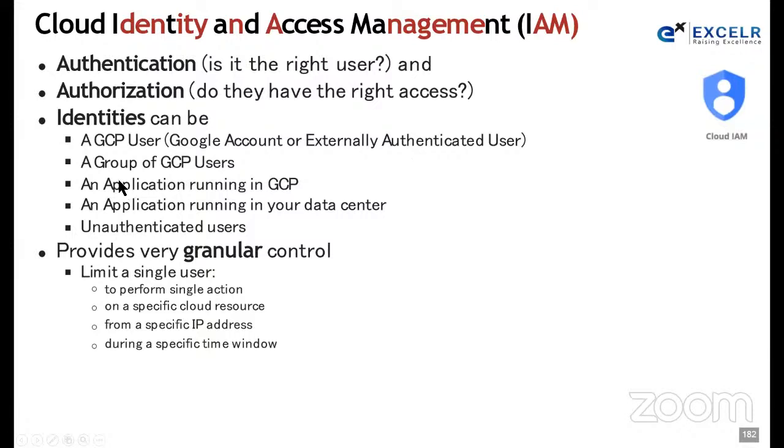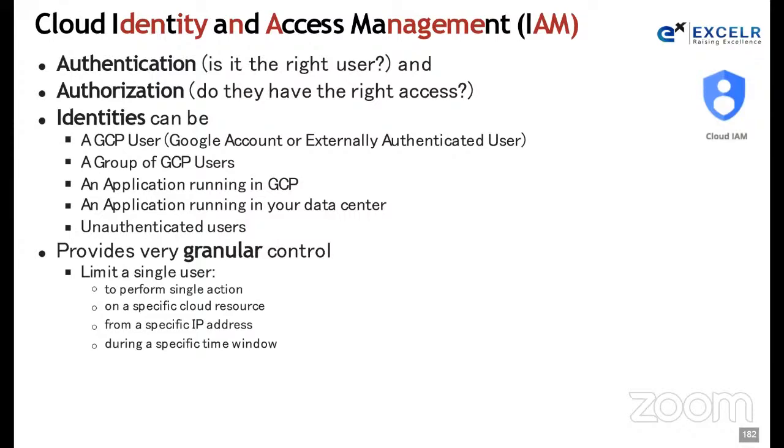Identity can be anything. It can be a GCP user, a group of GCP users, any application running within your GCP or outside of your GCP, and it can also be any unauthenticated user. Now, whenever you want to give access to a particular user, you should provide very granular control.